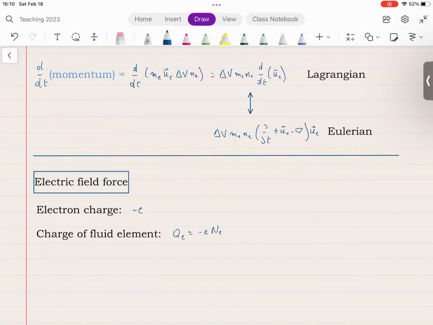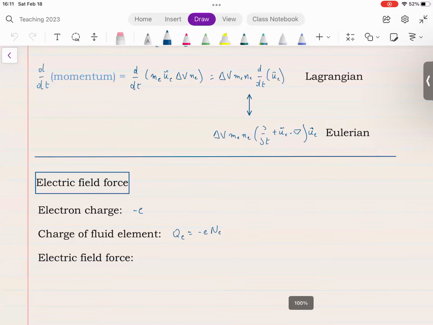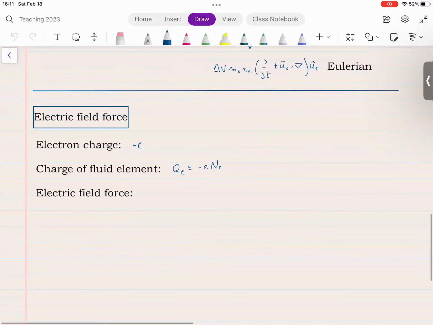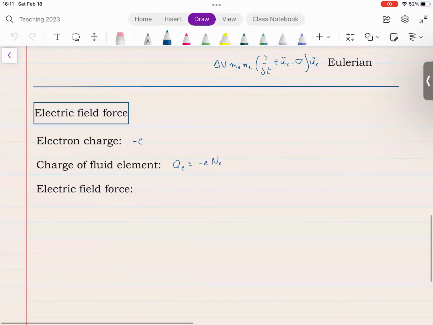The electric field force, we are in a good position to calculate it. We know what that looks like. That's going to be equal to whatever charge I have, let's say generic Q, times the electric field itself.